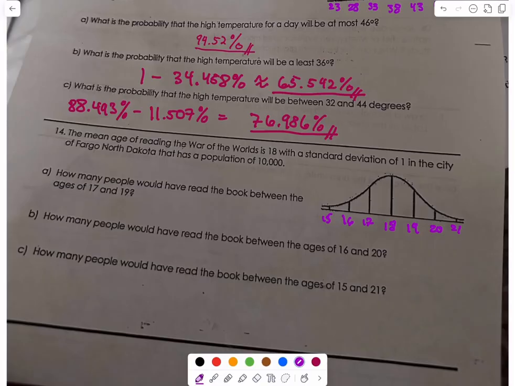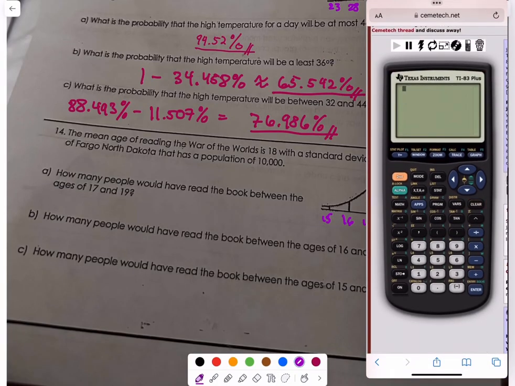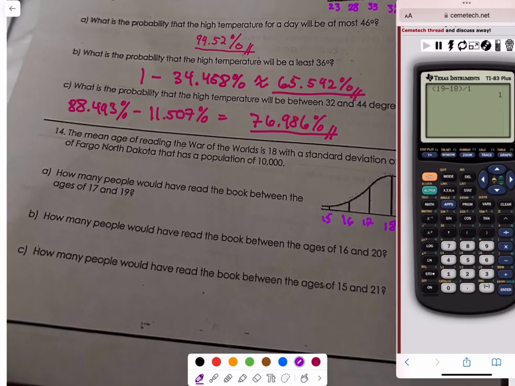Okay, so if we do the same thing, we find the probability and then take that probability and multiply by a population of 10,000. I'm sure there's a faster way, but let's just do the same thing, right? So 19, let's find the corresponding z-score. We're going to say 19 minus 18 divided by 1. That's fine. We get a z-score of 1.